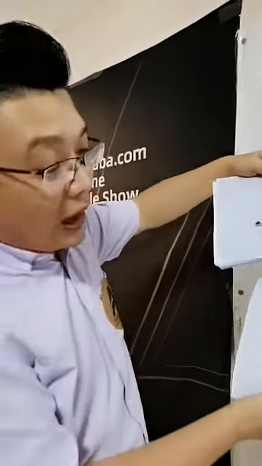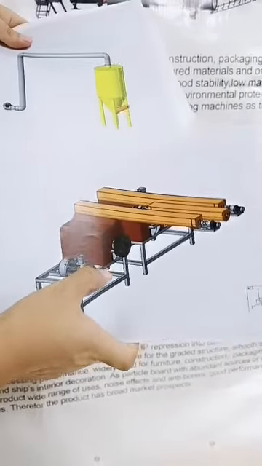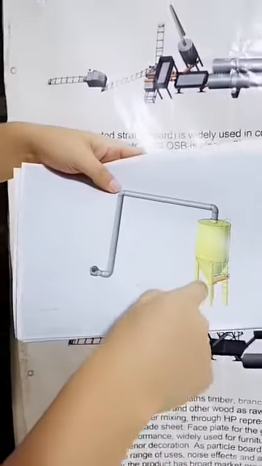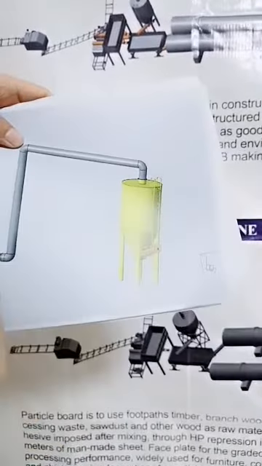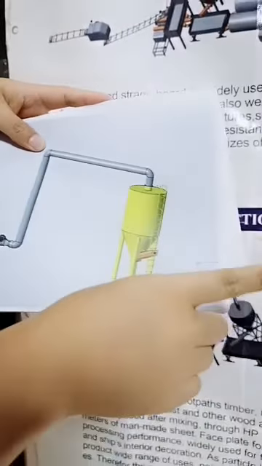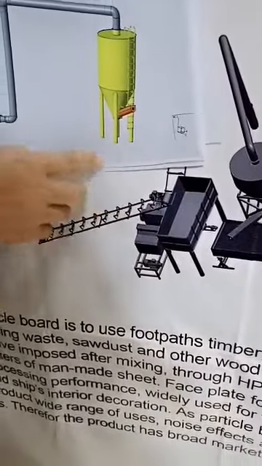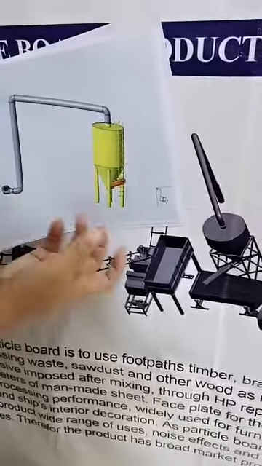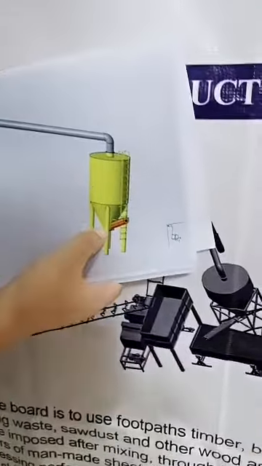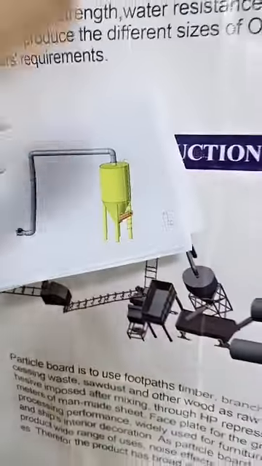Then after it is processed from the pulverizer or from the ring flaker, it goes to the cyclone separator. Why is the cyclone separator here? There is a fan here. You can see the materials come from here, then go there. The fan blows all the materials. Then at the bottom of this silo, there is also a tube.